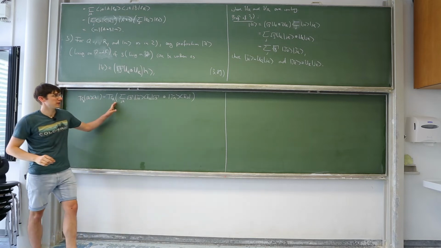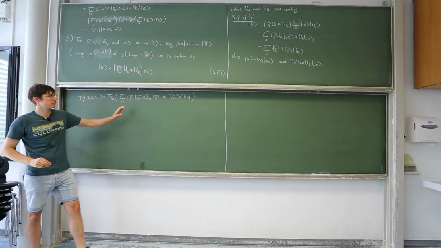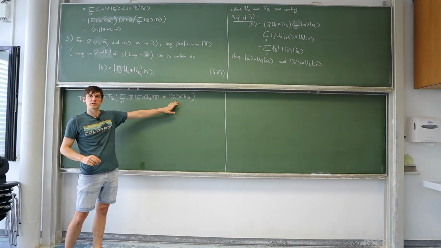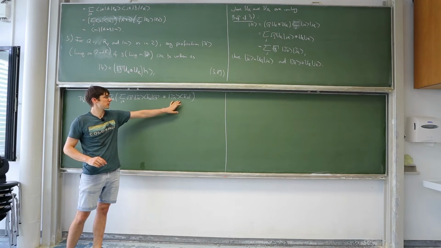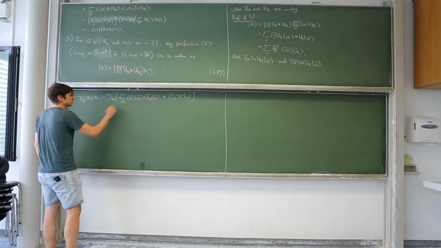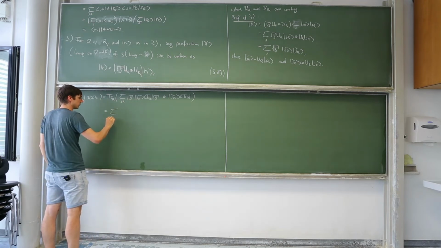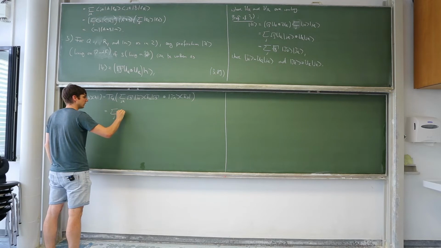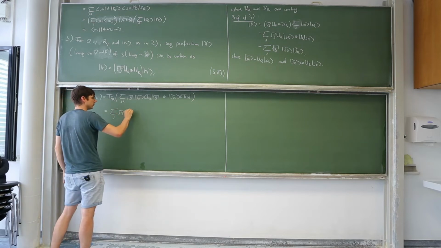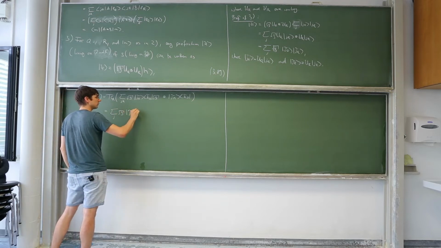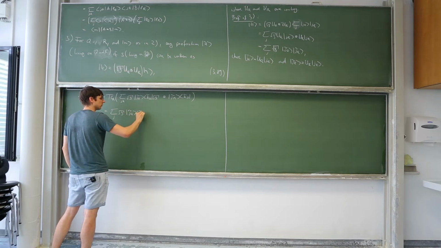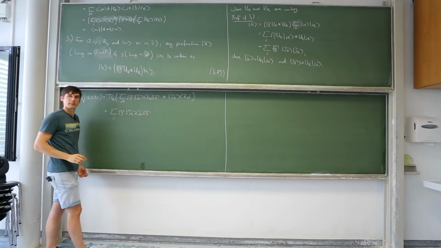Okay. In this form, it's easy to see what happens if we trace over the reference system. So what it gives us is a delta jk. So one of these sums is compressed, and we have this form here, j tilde q, j tilde q, rho, right?